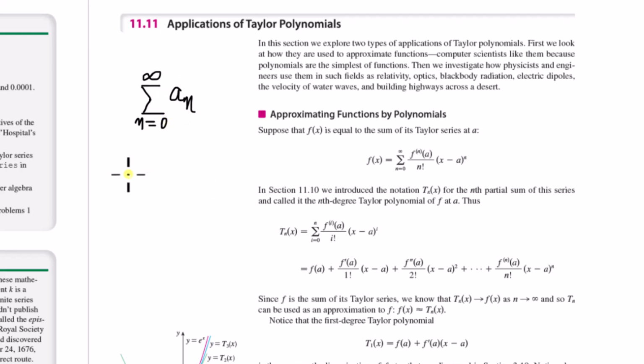S sub n was another sequence where S sub 1 was the first term, S sub 2 was the first term of a sub n plus the second term, S sub 3 was the first plus second plus third terms of the a sub n. You can look at that as its own sequence. And if we could actually find an explicit formula for S sub n, then that was ideal, because then we could take the limit as n approaches infinity of that and get the infinite sum that way.